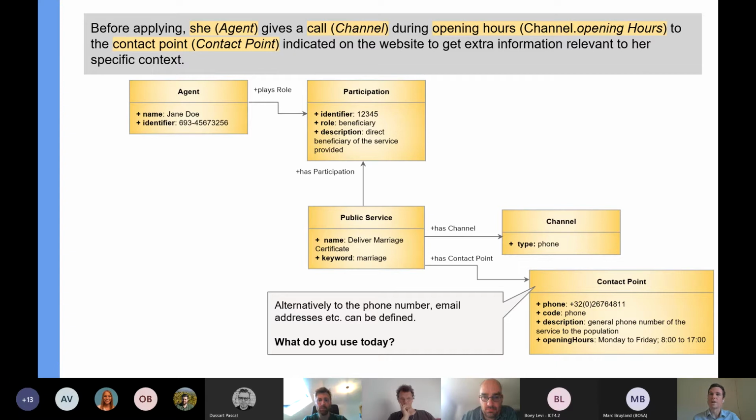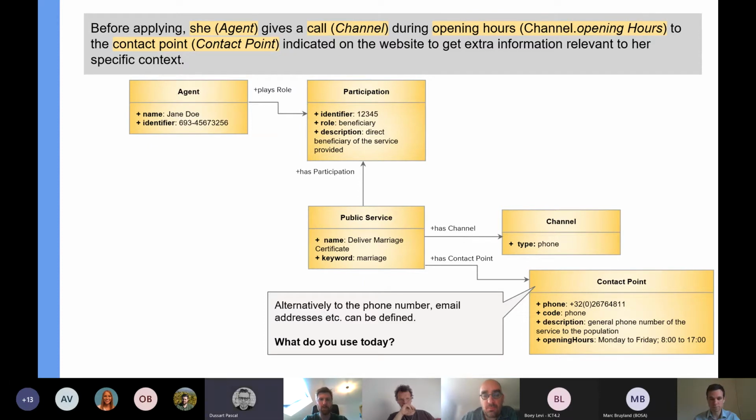So if I rephrase, would it be useful for you if we simply leave contact point very open, or if we define more details, such as how to describe a phone number or how to describe an email address, etc.? So do we need to go one level deeper into the modeling here of this aspect?